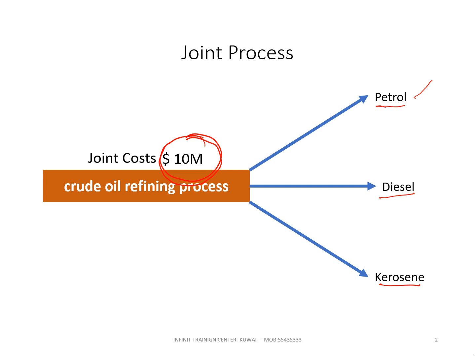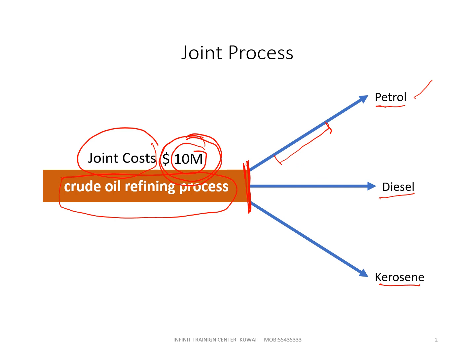Here you can see different things. This is our joint process, and for this process you have a cost that we call joint cost. From this point you are splitting the crude oil into three, and we call this the split off point. So the cost incurred before the split off point is what we call joint cost, because that cost is incurred for the joint process. Once it is split into three, to make petrol you will be going through a certain process here also, right?